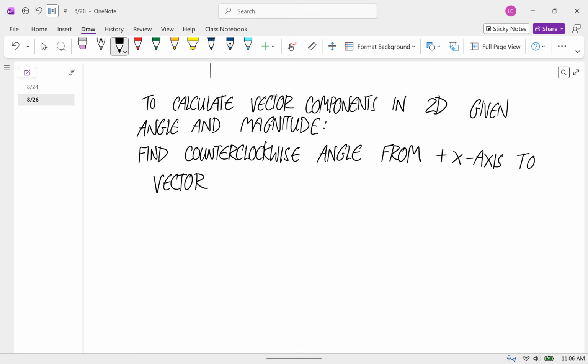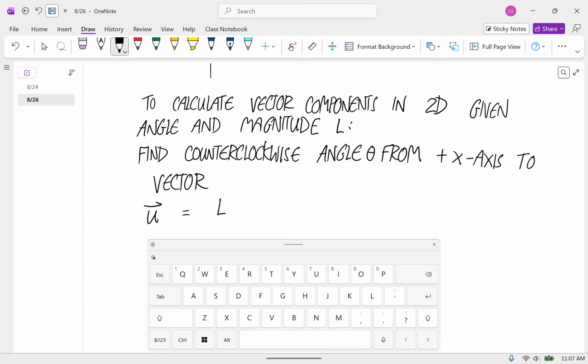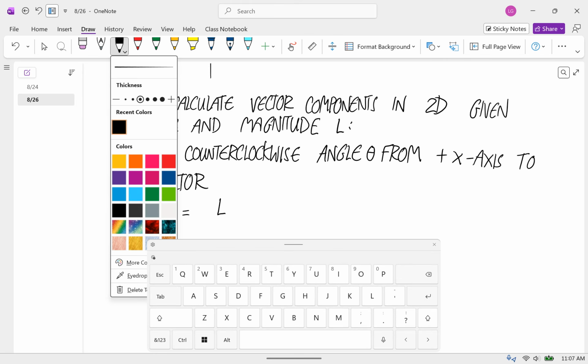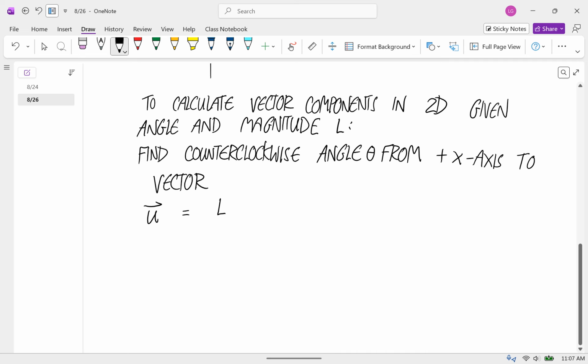And I'm going to call this angle theta. Okay. And then the vector components are, let's call the length of the vector, the magnitude, L for length: L times the cosine of theta, L times the sine of theta.